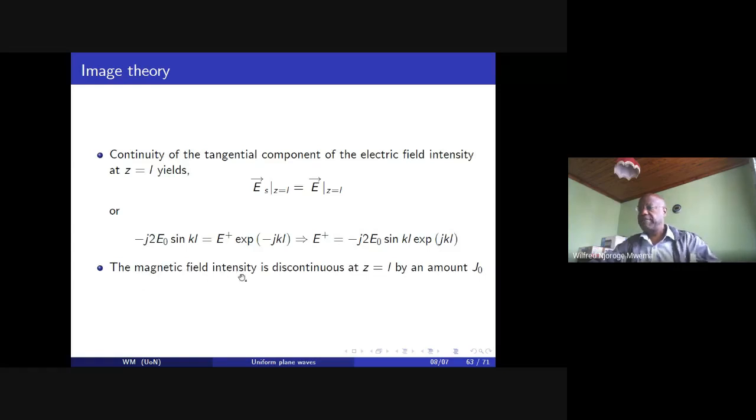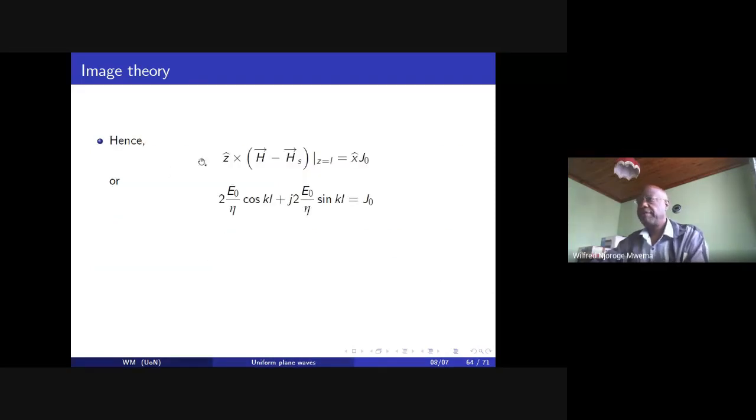The magnetic field intensity is of course discontinuous at z equal to L, and we say that the discontinuity at L is going to be the amplitude of the current sheet that we have, which we saw was going to be J naught. Therefore, if we take the tangential component of H at z equal to L, we'll just get X cap J naught.